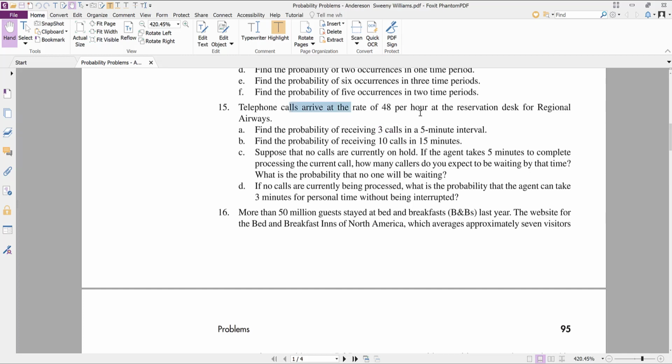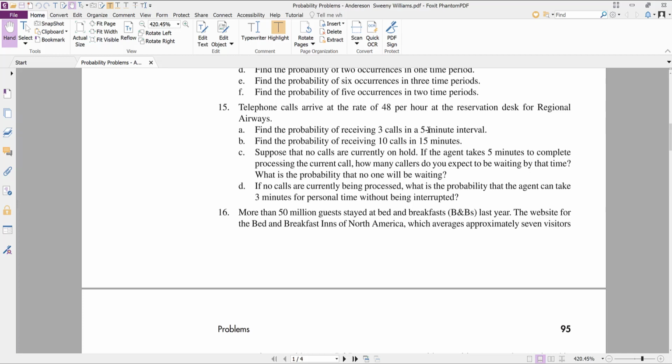For instance, in this case, find the probability of receiving 3 calls in a 5 minute interval. We determined that if 48 calls arrive in 60 minutes, then in 1 minute 0.8 calls will come, and in 5 minutes 0.8 multiplied by 5 is equal to 4.